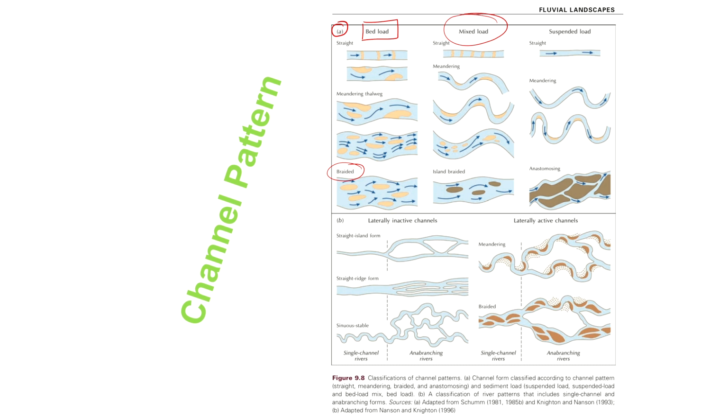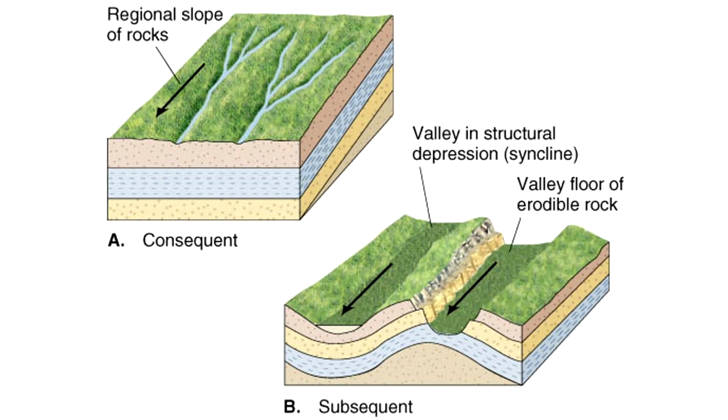So this is just to explain the variations you can see in terms of the channel pattern. But we'll come to how the channel patterns change, for example, whether straight channels can get into meanders or not. One example we will discuss in this lecture itself, from the foothills of the Himalaya.